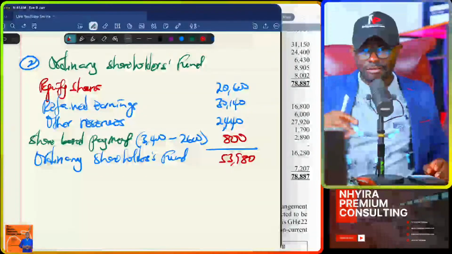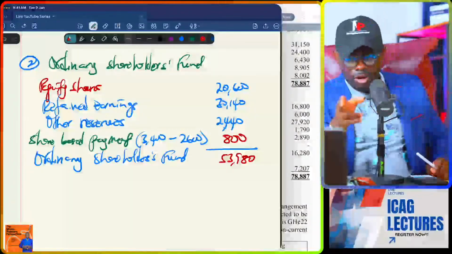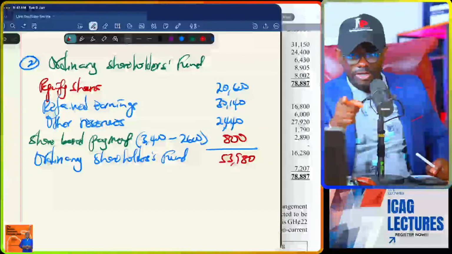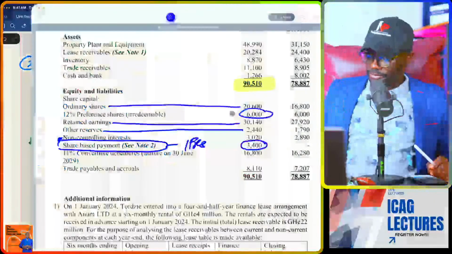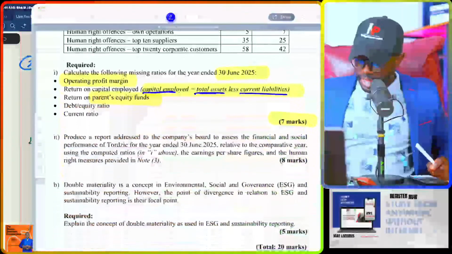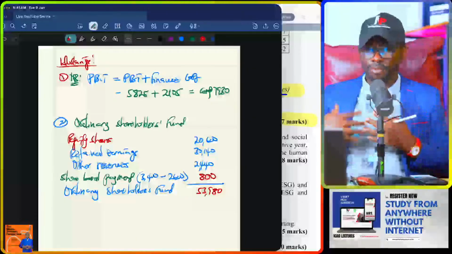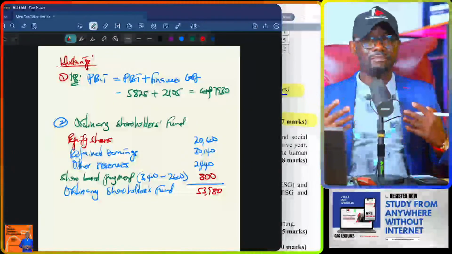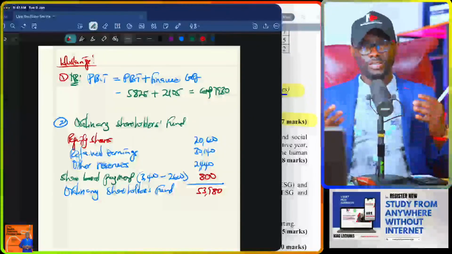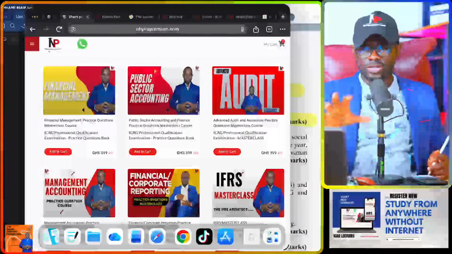The cash settlement option is a liability, so that will not feed into the equity, so it must be taken out. And that is the beauty of the question. And the more questions that you solve, the better your chances of having a deeper understanding of how these things are supposed to be.